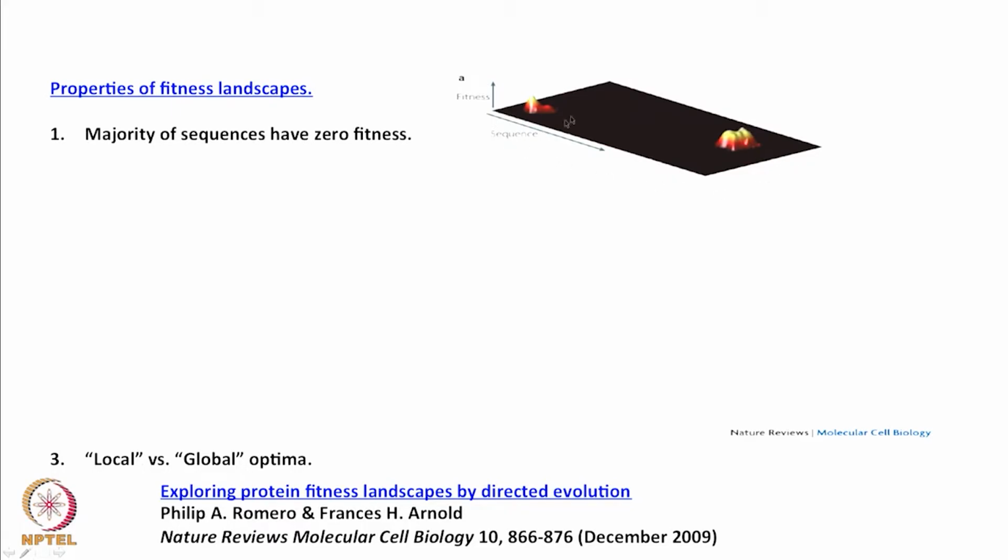You can think of these as protein sequences or DNA sequences whose length is equal to L. These are connected via edges and nodes which we cannot see because there are so many of them, and this axis represents the fitness associated with that particular protein or DNA sequence. The height of a node represents how fit the individual carrying this sequence is. As you can see from this example, most of the sequences do not correspond to any fitness. The fitness level of most of the sequences is just equal to 0.